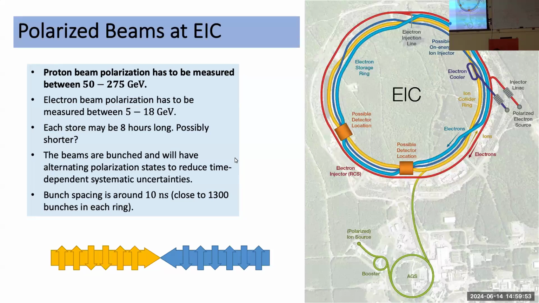For the EIC, this will be increased to about 1,300 bunches, and so the bunch separation will be 10 nanoseconds, which also means that we will reduce the beam current in each bunch, but the number of bunches will be enhanced by roughly a factor 10, and in total there will be about a factor 3 or 4 more beam current in the machine compared to what is done now.